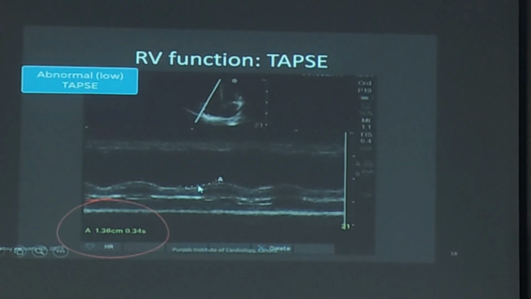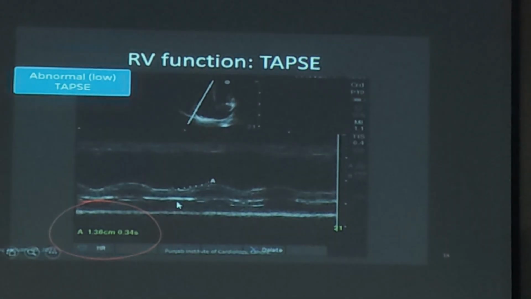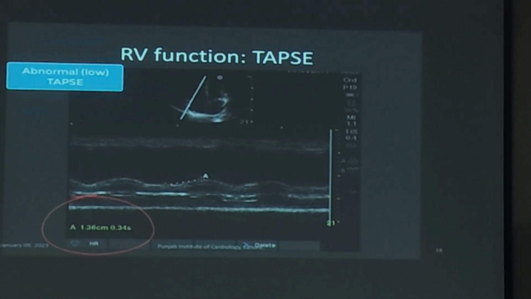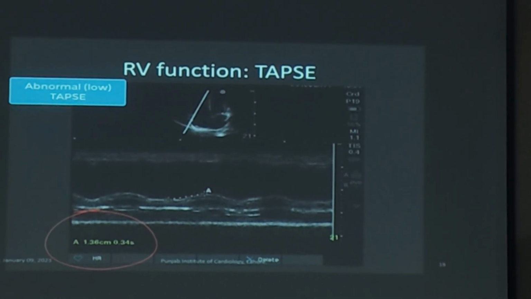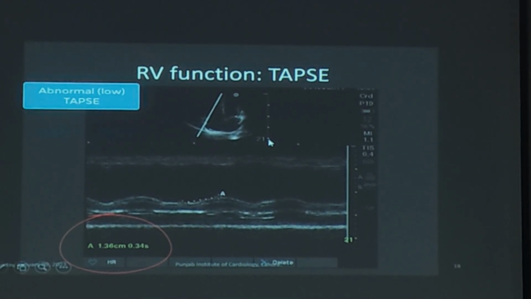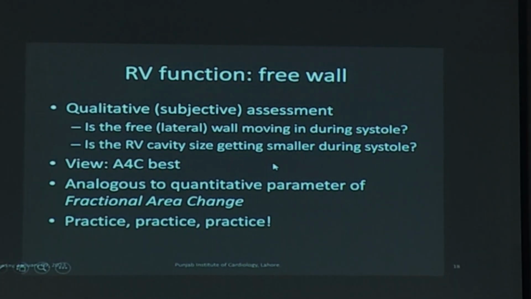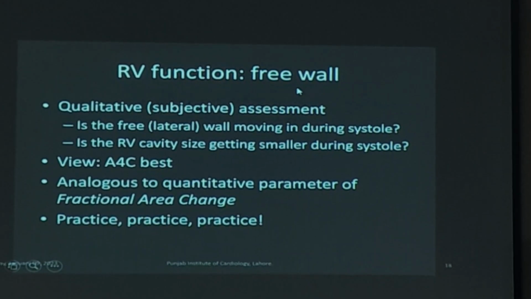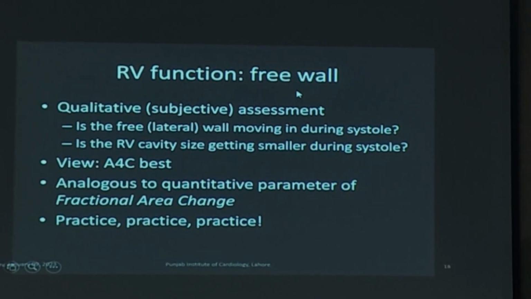So the TAPSE is about 13.6 mm, which is less than 16. So it means the RV of this patient is not good, abnormal TAPSE, low ejection fraction of the RV.